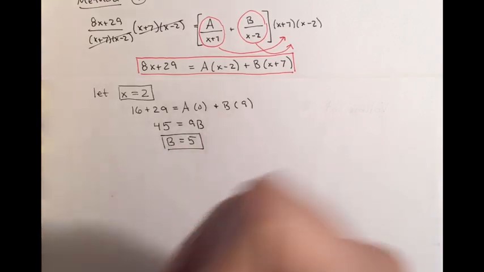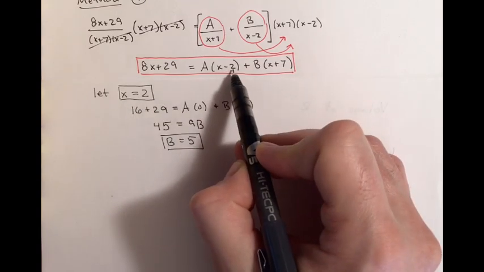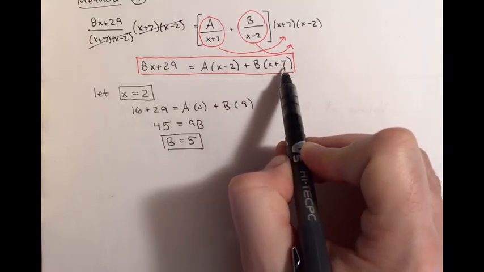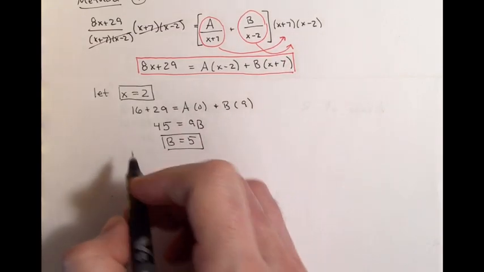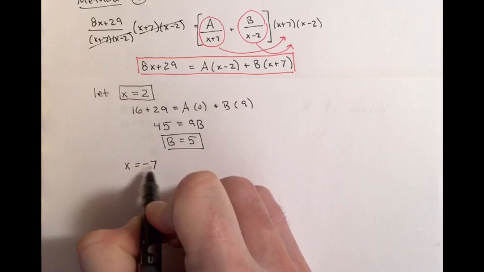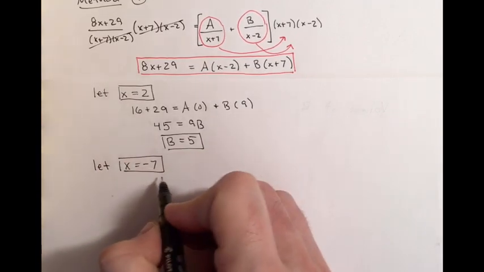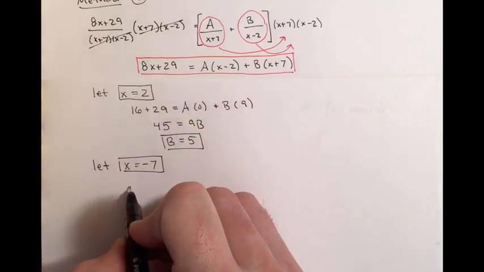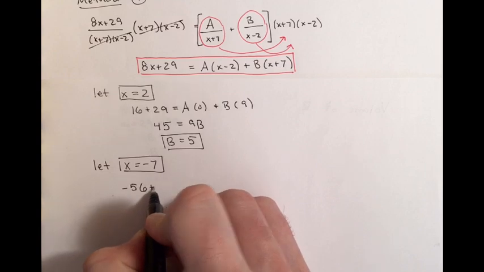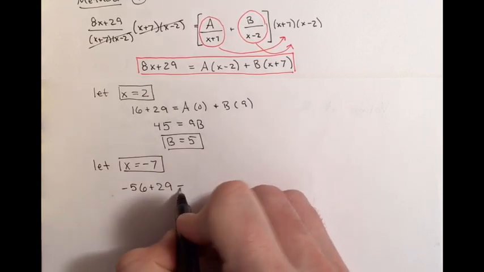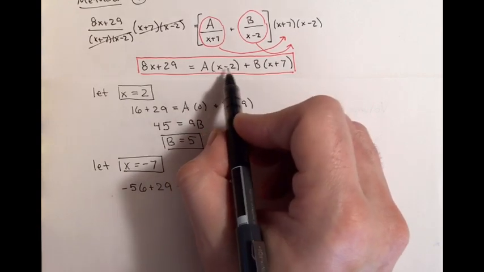We can do the same thing to solve for a. x equal to 2 made x minus 2 zero. If we look at this portion, we have x plus 7, and we can let x be minus 7. If x is equal to minus 7, then on the left-hand side we have 8 times minus 7, which is minus 56, plus 29, equal to a multiplied by minus 7 minus 2.